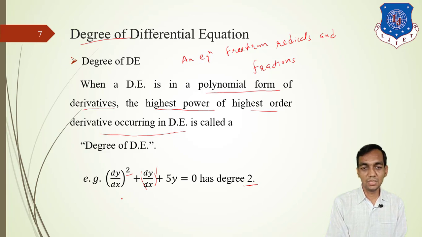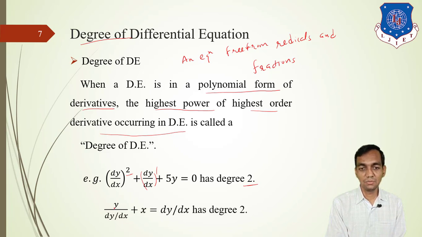Now see, instead of this, suppose you have an equation, y upon dy by dx plus x is equal to dy by dx. Here you have dy by dx, but this is in a fraction form. If it is in a fraction form, then you cannot set the degree directly, so you have to modify this. Multiply by dy by dx.